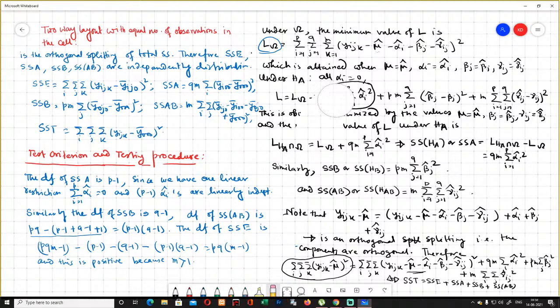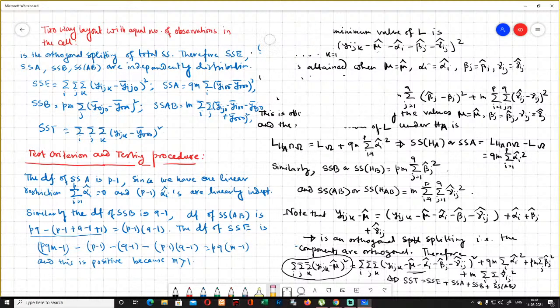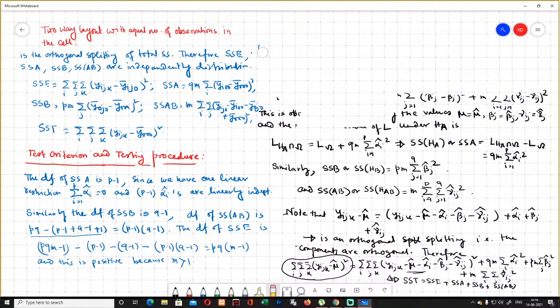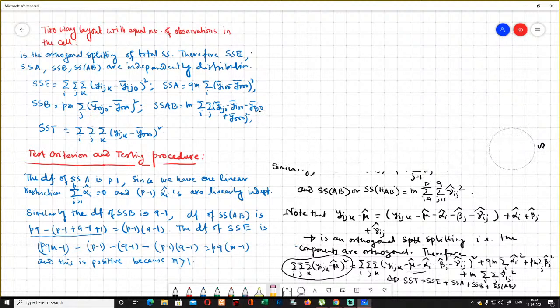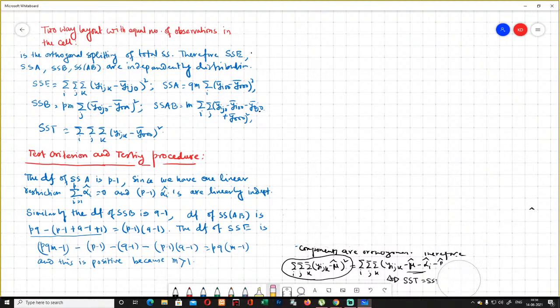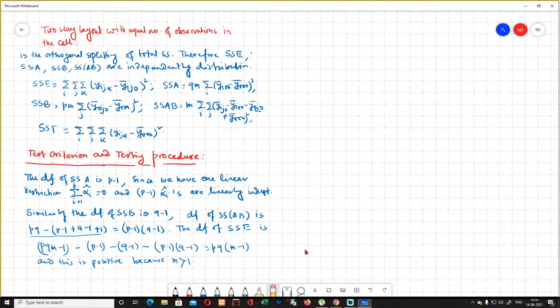Now, this is your homework portion. It can be shown that expectation of MSA, first I consider MSA, is sigma square plus MQ sum over alpha square by P minus 1.